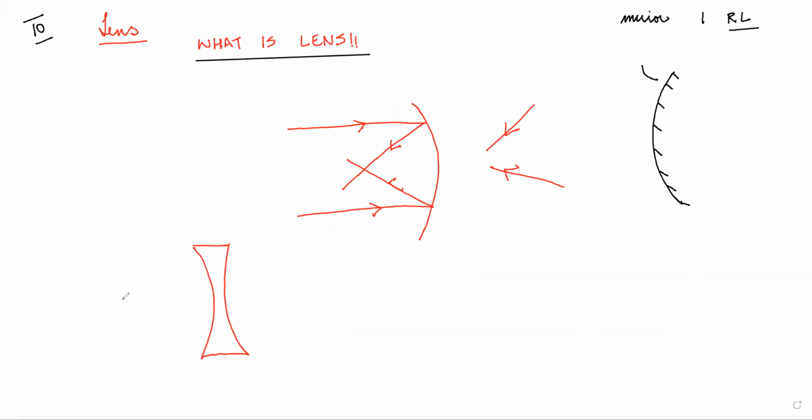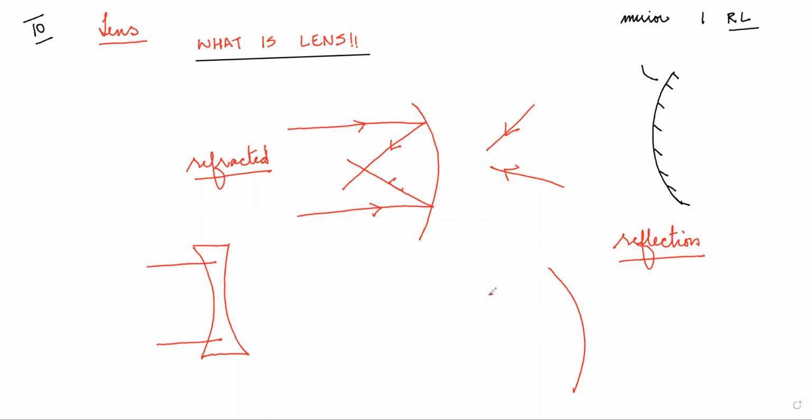The rays come, and they get refracted. Remember, students, in the case of our mirrors, there was the physical phenomenon known as reflection, light falling on a surface and getting reflected by the law of reflection. This was our normal, which was touching C.